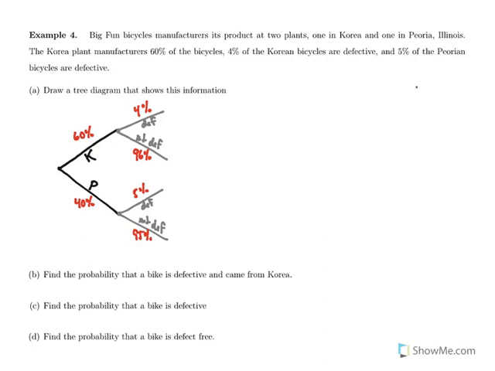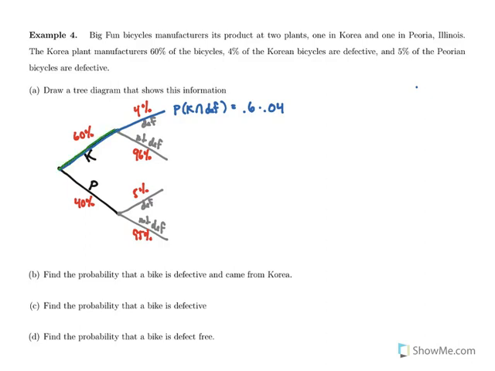So here we think about our four different probabilities we're going to find. We're going to multiply across the branch. So here we have the Korean probability of Korean intersect defective is going to be 60% times 4%.